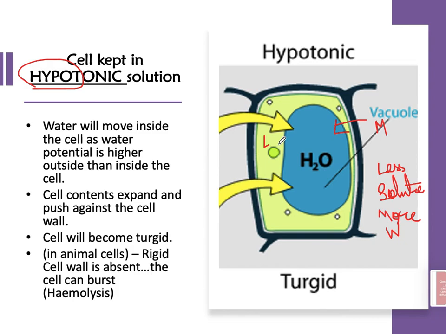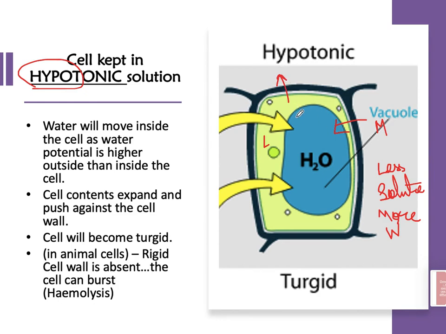See again here, the movement of water outside will also happen. It's not like only inside movement will happen, because water is free to move across the cell. Movement of water will happen in both directions, but more water will come in and less will go out. You can see three arrows here, two I made, three arrows pointing inside and one pointing outside.